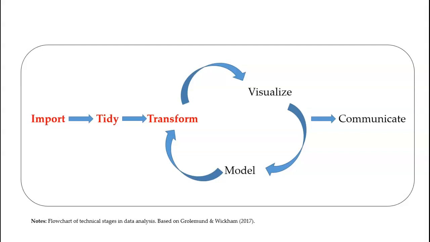Later you model, you make some modifications, and later you analyze and communicate. And in this class we're gonna talk a little bit about all these different stages of data analysis. For this class we're gonna focus on the import part and all the data processing or data carpentry, which is importing, being sure that your data is tidy, and transforming your variables. Okay.